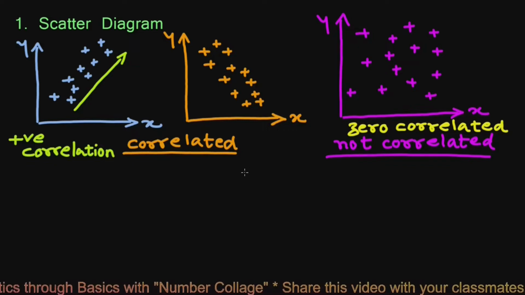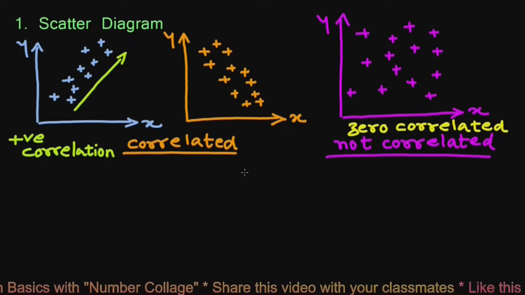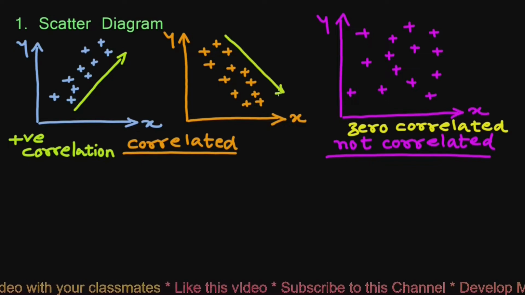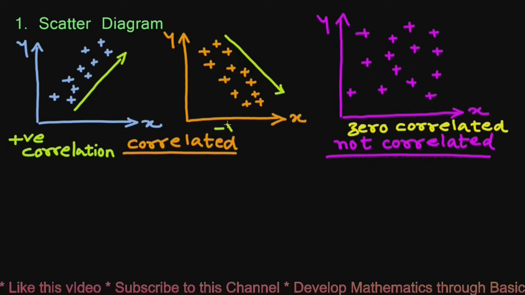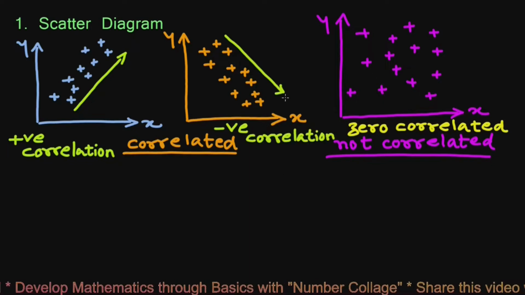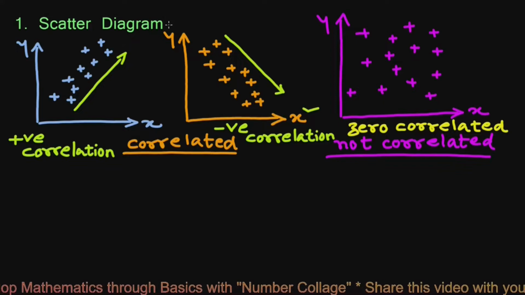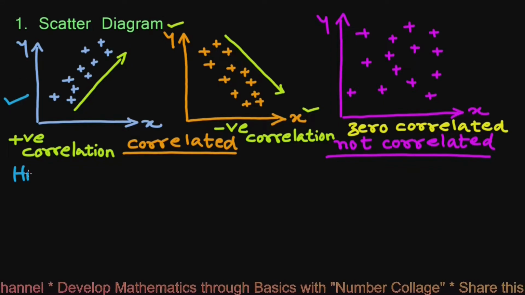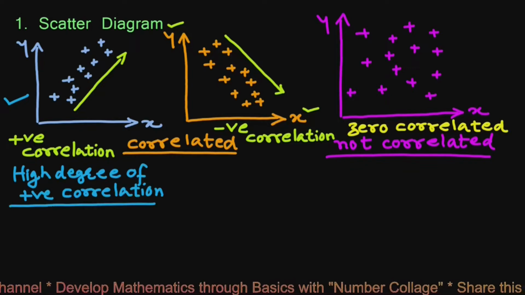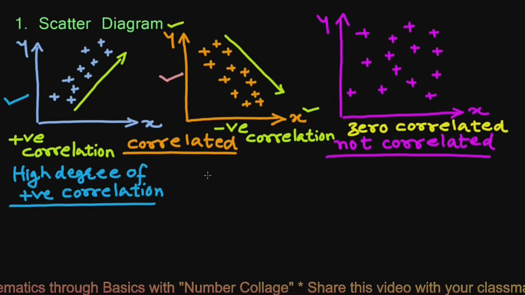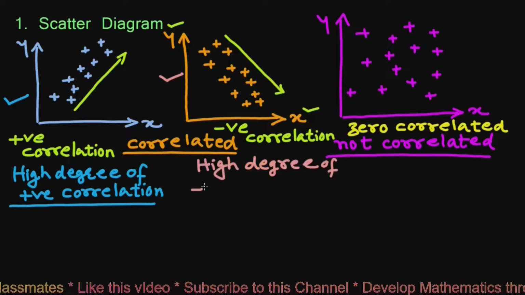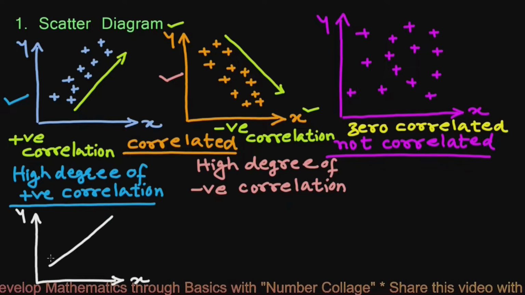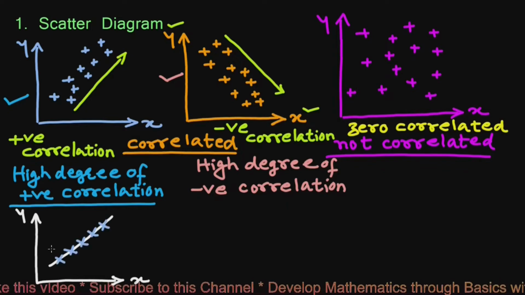And if the points lie in a narrow strip falling from left hand top to the right hand bottom like this, we say that there is a negative correlation between the variables x and y. So in this scatter diagram, there is high degree of positive correlation, and in this diagram we can see high degree of negative correlation.